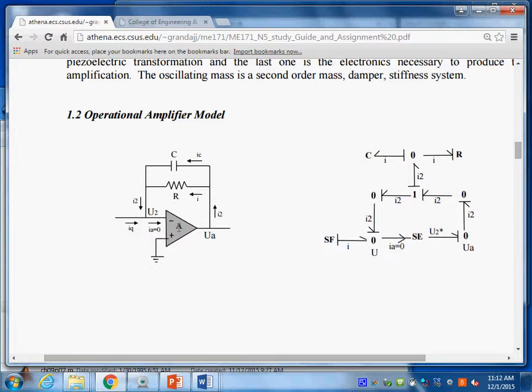Power conserving element means that if you transform a variable on one side to the other, like a voltage, it follows that the current has to come into the picture too. And we are saying specifically that in an operational amplifier, the current is zero.